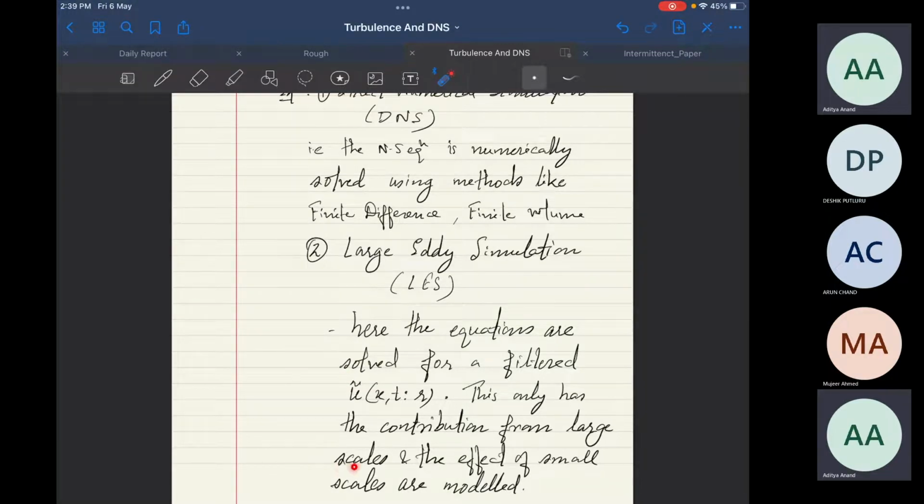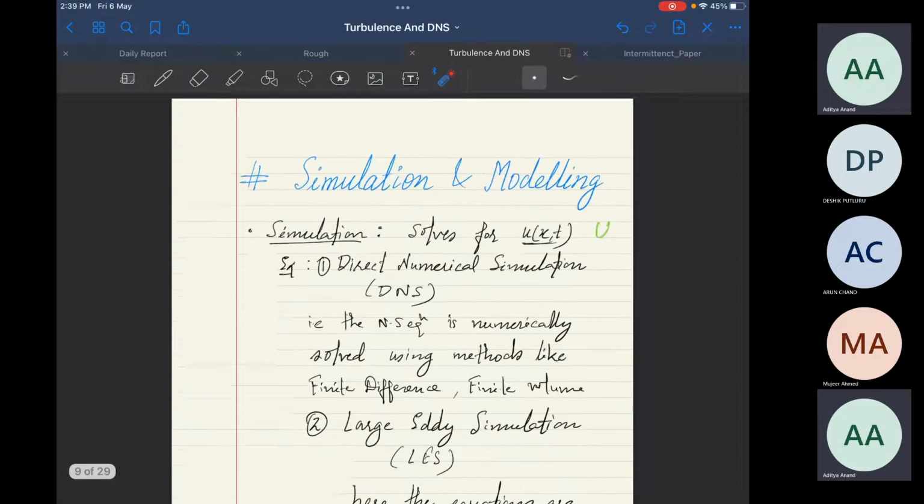I'll discuss what these scales are a little later in this lecture series. But what large eddy simulation does is solve only for the effects contributed by large scales present in the flow, and it models the effect of small scales. We'll also see why this is done.